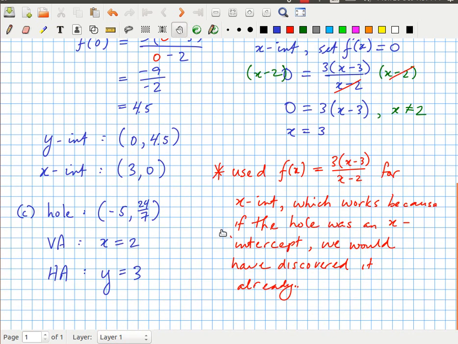If the hole had turned out to be another x-intercept, we would have had to put it on our interval table. But as it turns out, we don't have anything there. So the items that will go on the interval table are the location of the vertical asymptote and the 0. Those are the two items that are going to go onto the interval table. So let's switch to the next page.